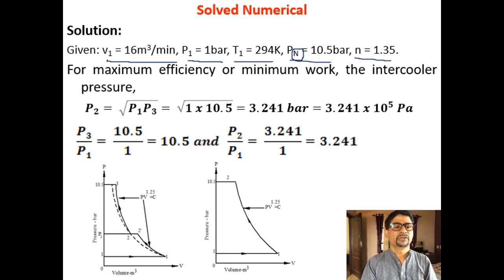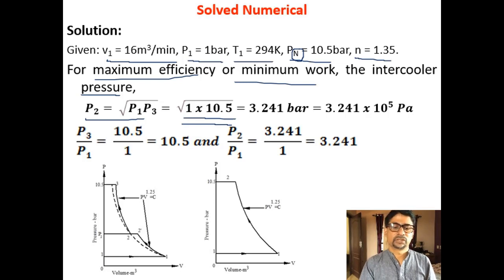Now as all of you know, for maximum efficiency or minimum work condition, the intercooler pressure for a two-stage compressor should be P2 is equal to square root of P1 P3. So P1 is 1, and P3 for this case is 10.5, because the intercooler pressure has to be found out for the two stage compressor. So it is 3.241 bar or 3.241 into 10 to the power 5 Pascal.